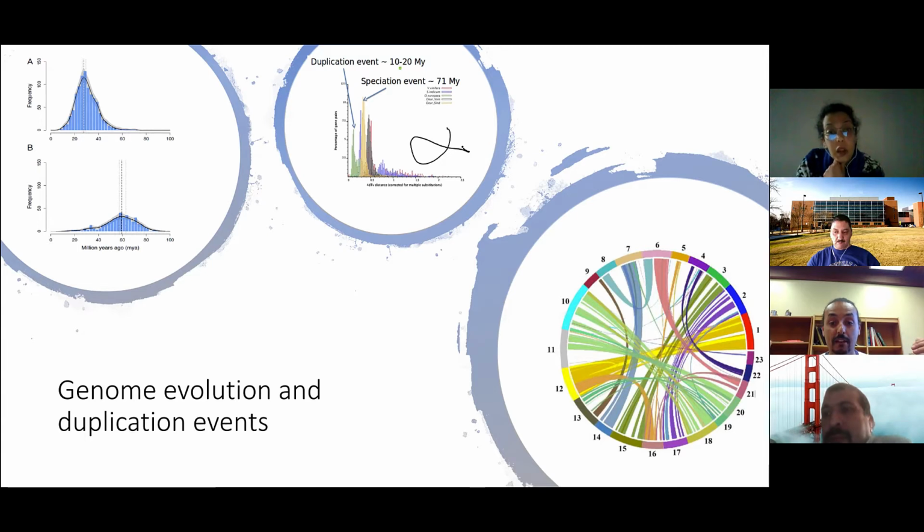And after that, you had the duplication event. That's why when we want to study the olive, we compare it to sesame, because they came from the same ancestor. And we're going to explain this more.